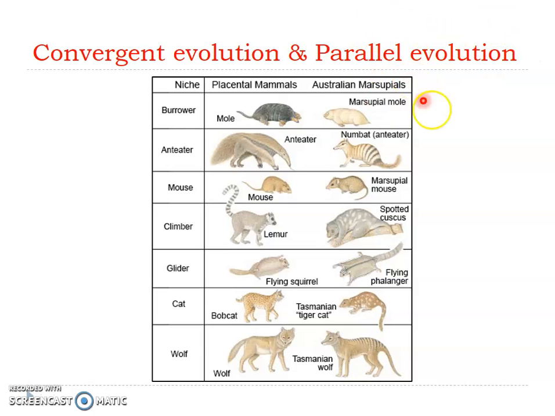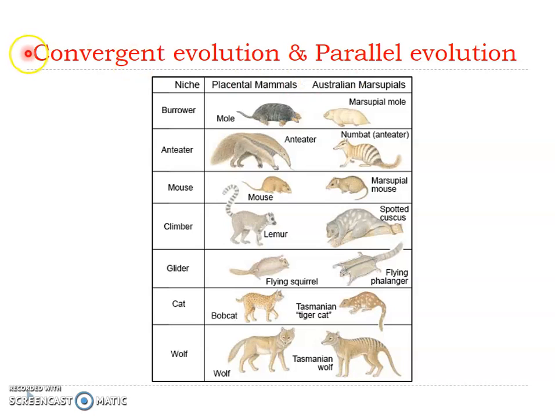Okay, so this is parallel evolution. Parallelism is the development of similar types of adaptations among closely related animals because of a similar way of life, while convergence is the development of similar adaptations among distantly related forms. I hope it is clear. Convergence and parallelism are very closely lying concepts.